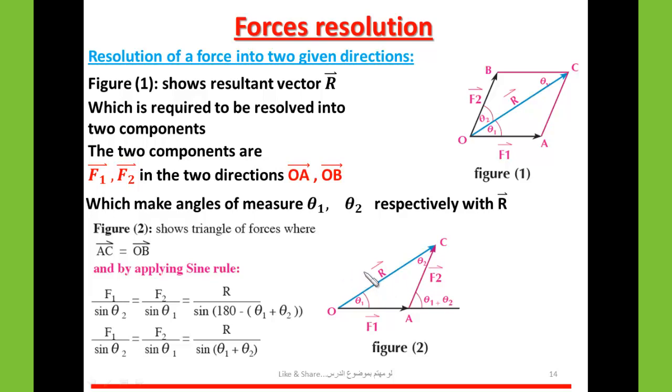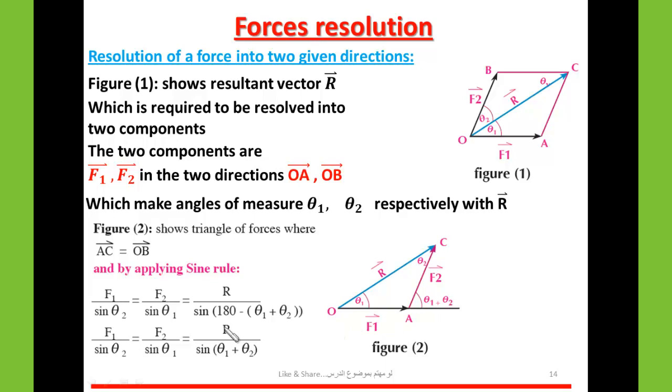The required is to factorize it. Applying the sine rule, F1 over sine θ2 equals F2 over sine θ1 equals R over sine of (180 minus (θ1 plus θ2)), such that the measure of the angle OAC equals 180 minus (θ1 plus θ2).